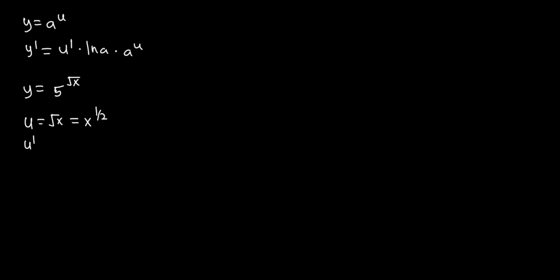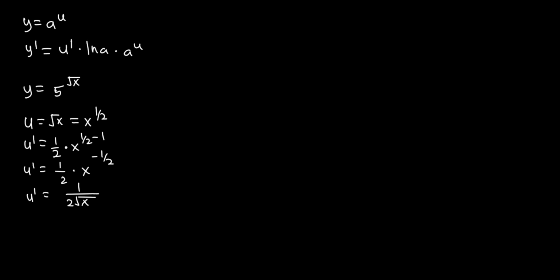So u prime will be equal to 1 over 2 multiplying x to the power 1 over 2 minus 1. That gives us u prime equal to 1 over 2 times x to the power minus 1 over 2. When we simplify this, we have u prime equal to 1 over 2 square root of x.